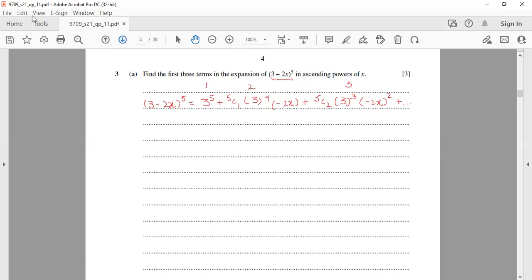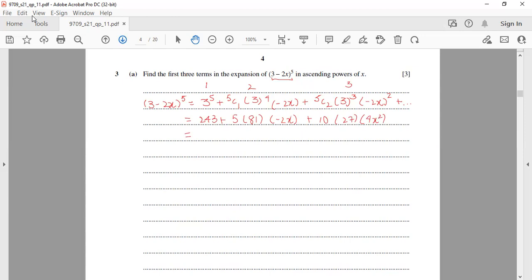All right? Donc maintenant, on fait du simplifier. Donc 3 to the power of 5 is 243 plus 5C1. Donc 5C1 is 5. 3 to the power of 4 is 81 times minus 2x plus 5C2 is 10. 3 to the power of 3 is 27. And minus 2x squared is 4x squared.